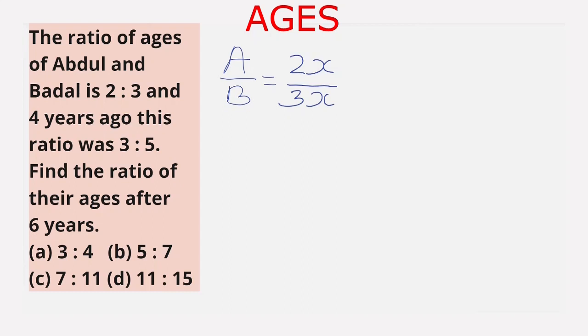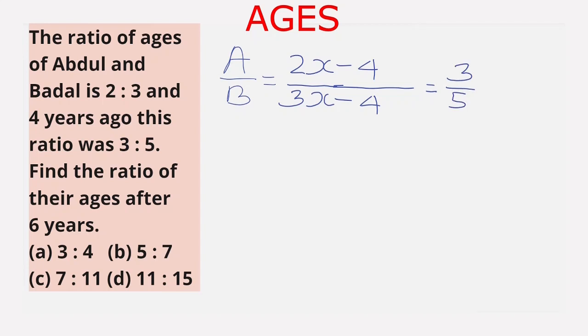Before 4 years, this ratio was 3:5. So I subtract 4 from both of these ages of A and B. So I write 2x minus 4 upon 3x minus 4, and this is equal to 3:5.